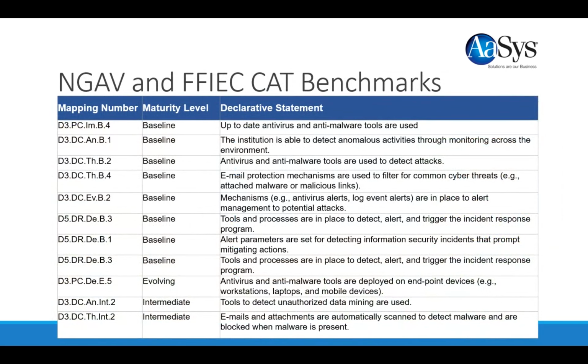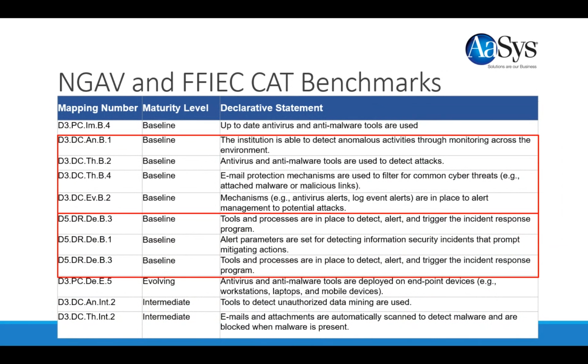Now, when it comes to the benchmarks established by the FFIEC Cybersecurity Assessment Tool, antivirus and anti-malware alone is sufficient for baseline maturity on a number of components. Deploying antivirus is sufficient to meet a number of the baseline components in the cybersecurity controls domain of the CAT, and a few more in the cyber incident management and resilience domain.